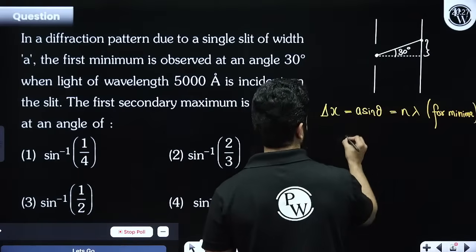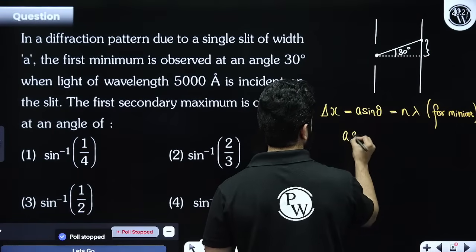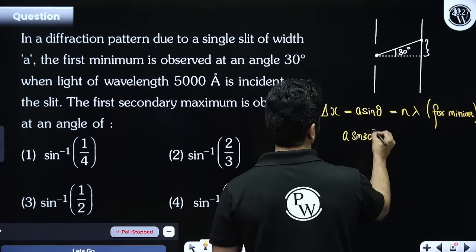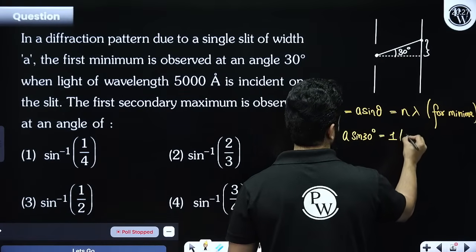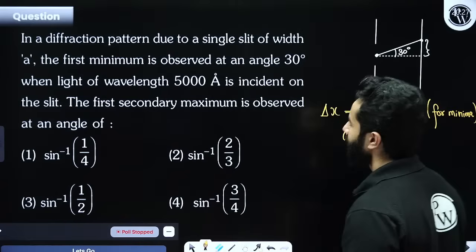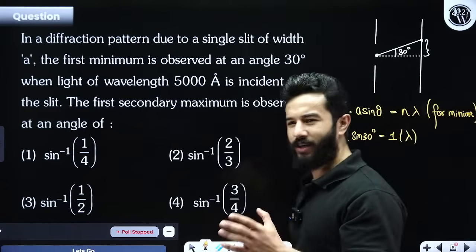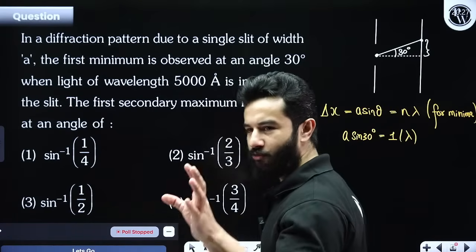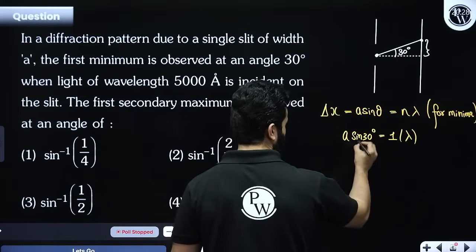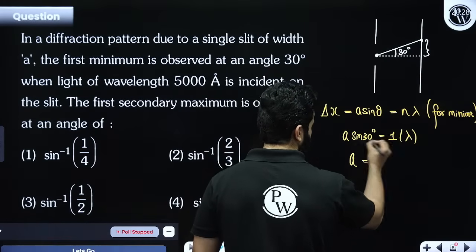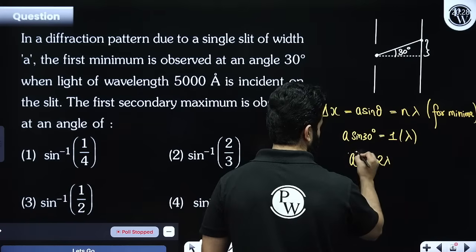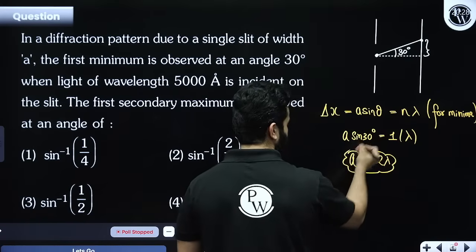That means a sine 30 is equal to n, that is 1, multiplied by lambda. Shall I keep value of lambda as 5000? I don't think we need that. Please let me explain it to you. From here I'll get a equals to 2 lambda, because sine theta is 1 by 2.